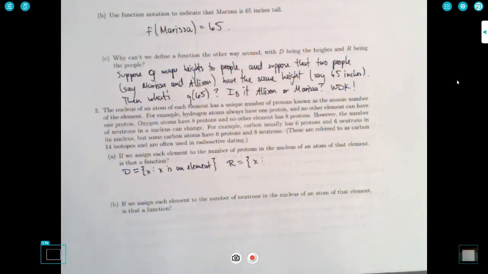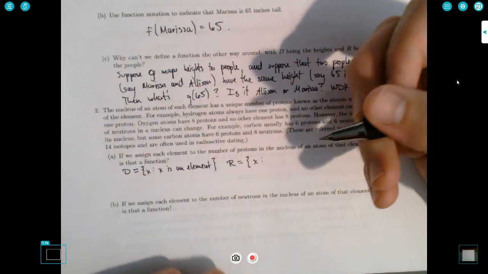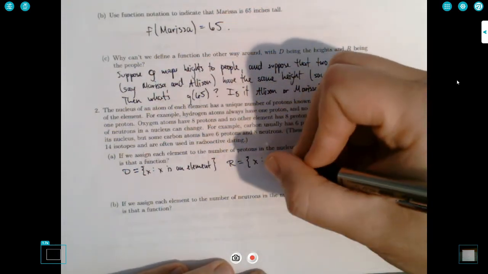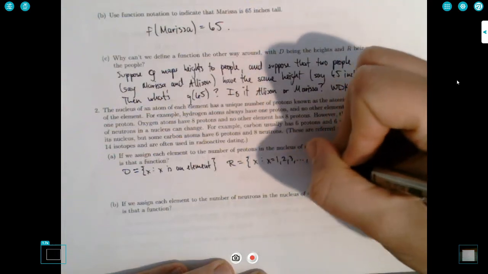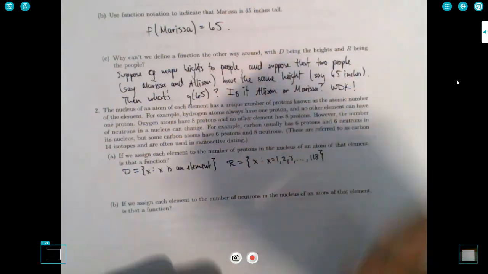Ooh, let me look it up real quick. Let me make sure that that's the number of elements in the periodic table. I feel like that's something I should know, like that's something that we should just know from high school or whatever. Yeah, 118. So x, where x is 1, 2, 3, all the way up to 118. So there's the range.